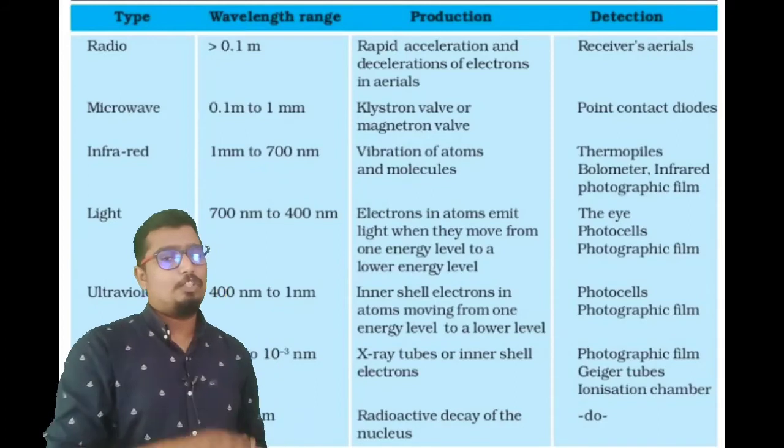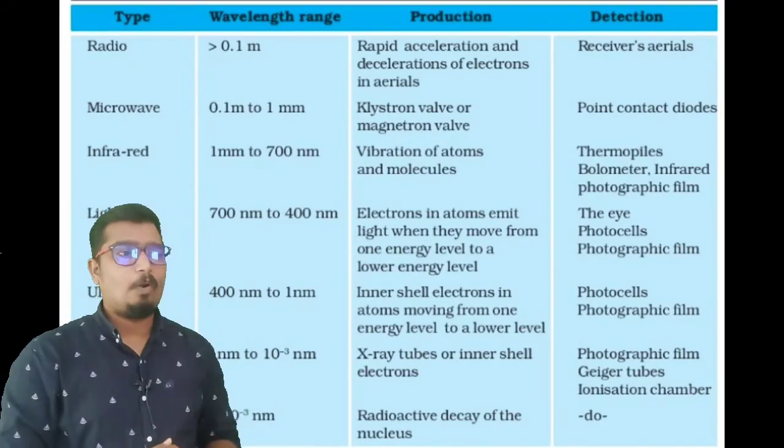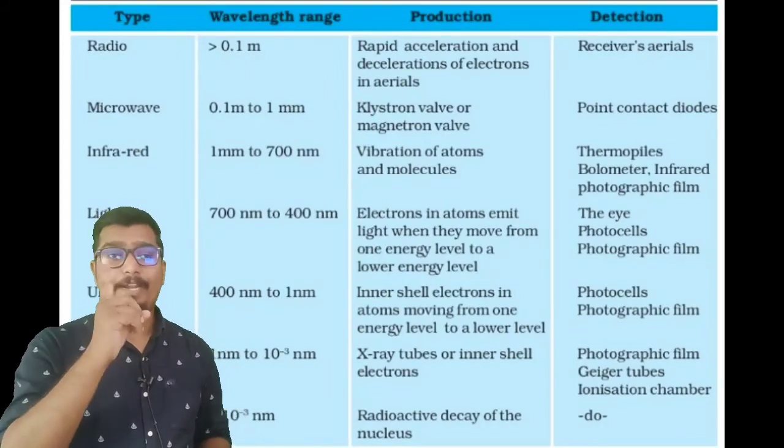The next one is ultraviolet. The range of wavelength is 400 nanometer to 1 nanometer.